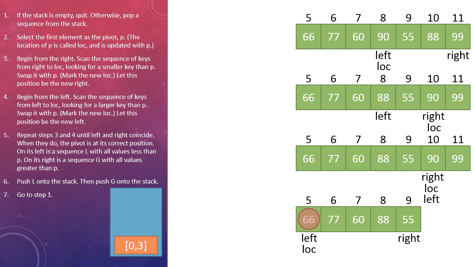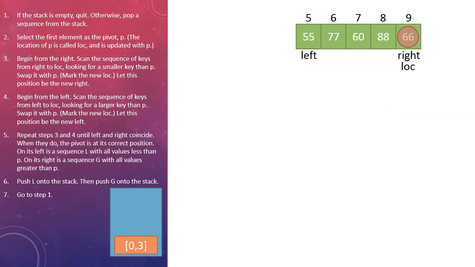Start scanning from the right, looking for a smaller element than 66. 55 is smaller, so I swap 55 and 66 and update lock.